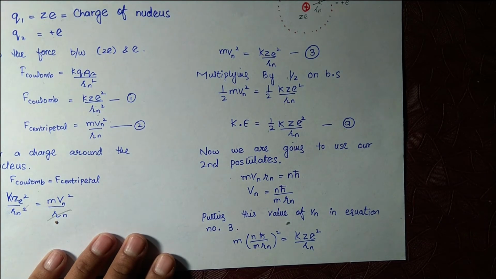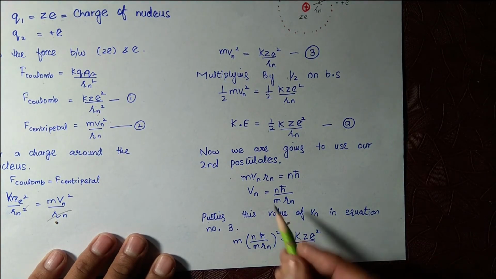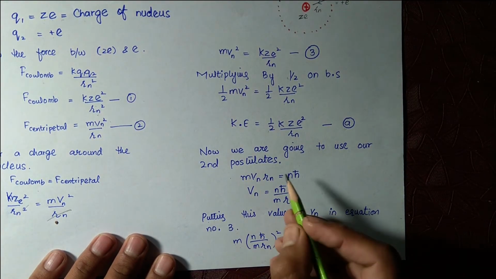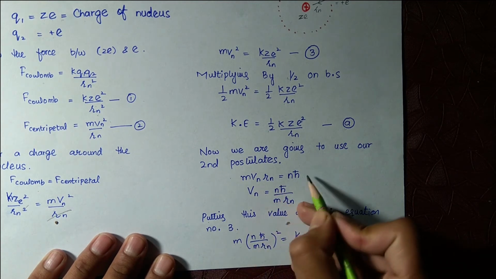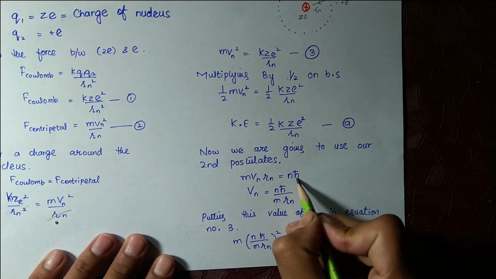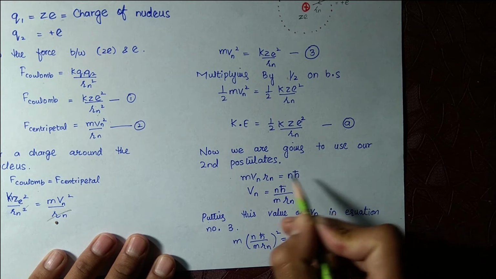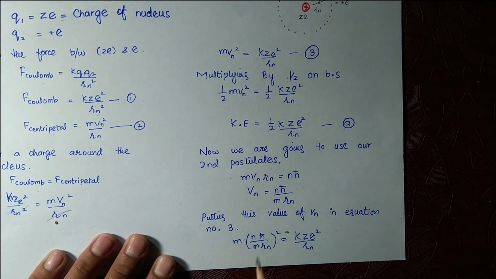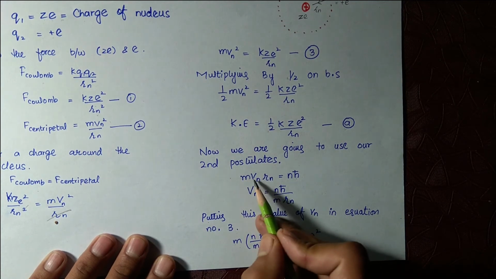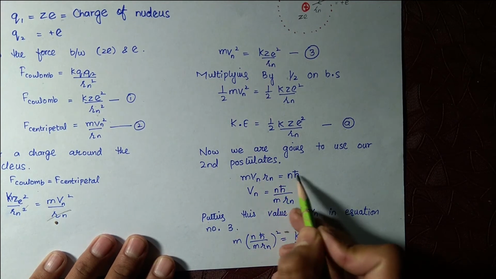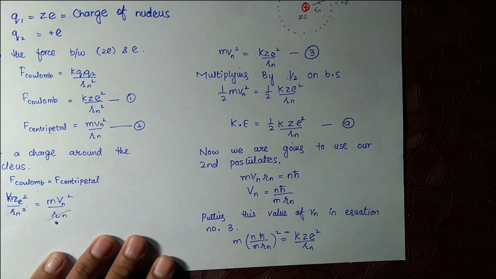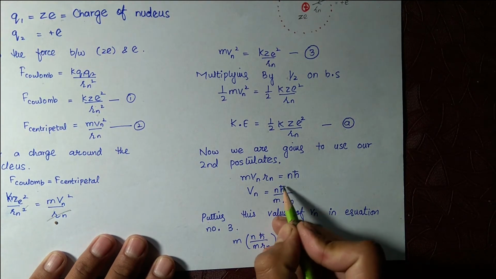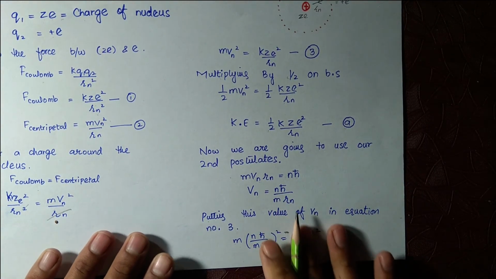So now we are going to use our second postulate. In the second postulate, we have seen that the angular momentum mvr is equal to a multiple of h cut, that is, mvnrn. In my previous lecture, I told you how this mvnrn is equal to n h cut. So vn is equal to n h cut over mrn.